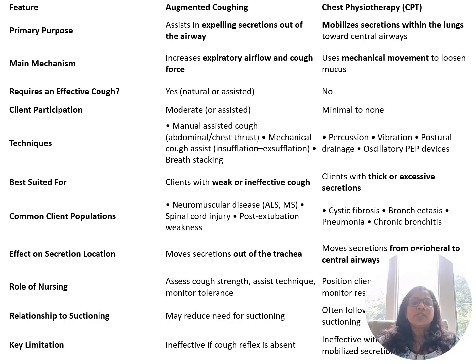What we do with the augmented coughing is that it increases the expiratory airflow and forced coughing. But in chest physiotherapy, you do mechanical movements, either percussion, compression, etc., to move the secretions out. So that's the difference. We're not going to ask you more about that. Just wanted you to know the concept and what it involves.